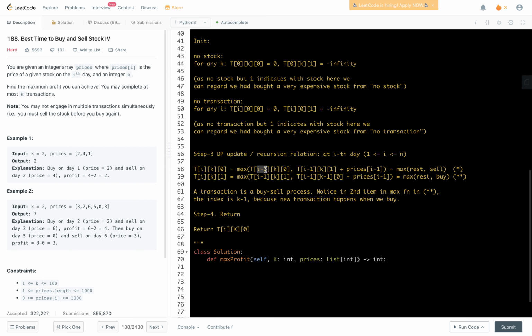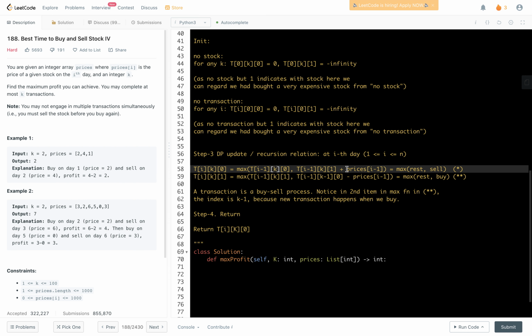So T[i][k][0], in other words, at the end of day i we do not have stock. There are two possibilities. One is that on day i minus 1 we do not have stock, so we just rest on day i. So this is T[i-1][k][0], because no transaction happens.